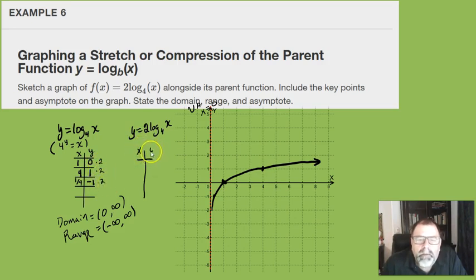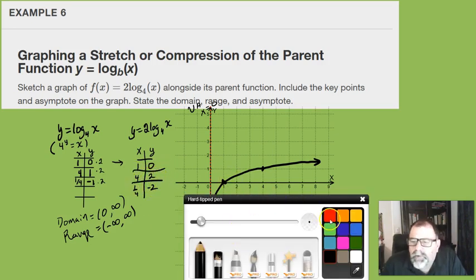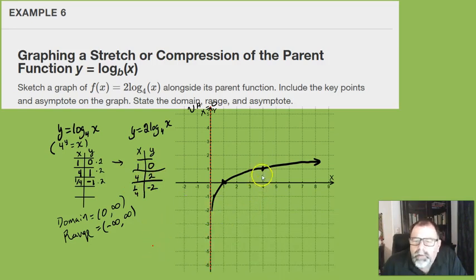So then I'm going to get 1, 0, 4, 2, 1/4, -2. And so what that does, here we'll do this one in red, it's going to vertically stretch each of these points by a factor.